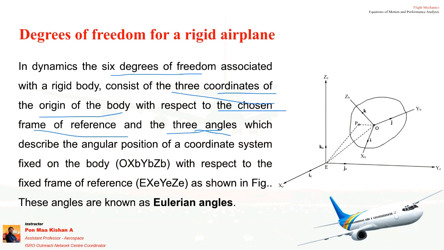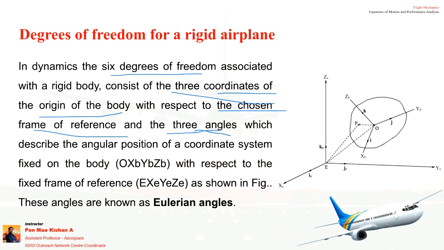As I told earlier, our fuselage reference line is there. When the aircraft is moving, the angle is called the pitch angle. If the aircraft is having a turn, there will be a yaw angle.